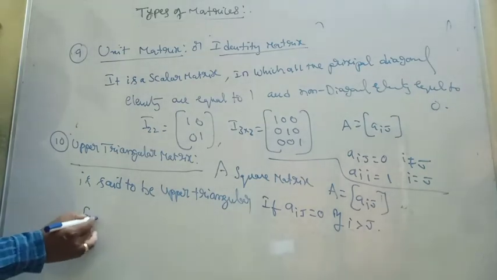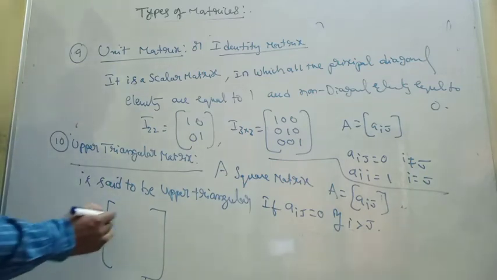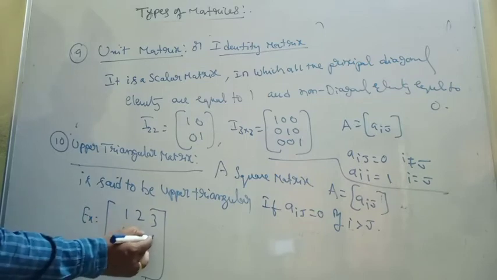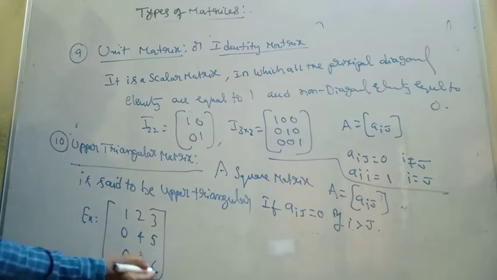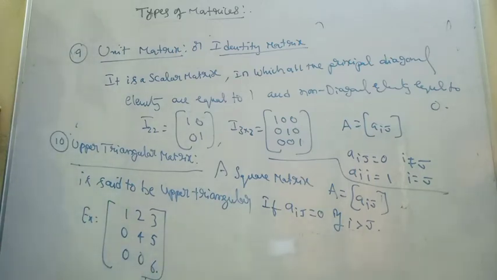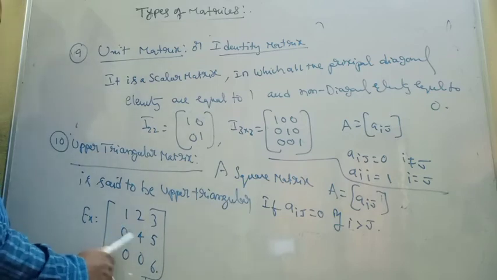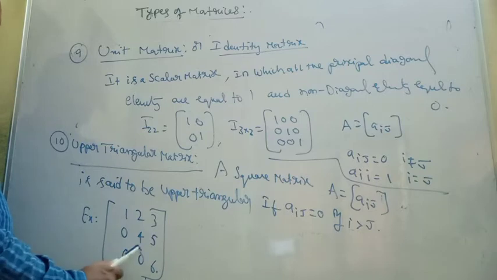For example, we can take 1 2 3, 0 4 5, 0 0 6, like this. Here you see, my dear students, these elements A21, A31, A32 all become 0.